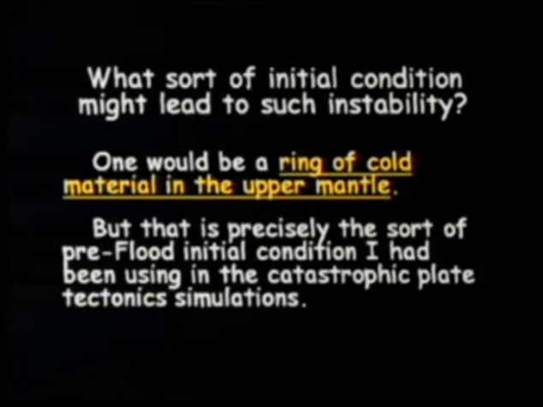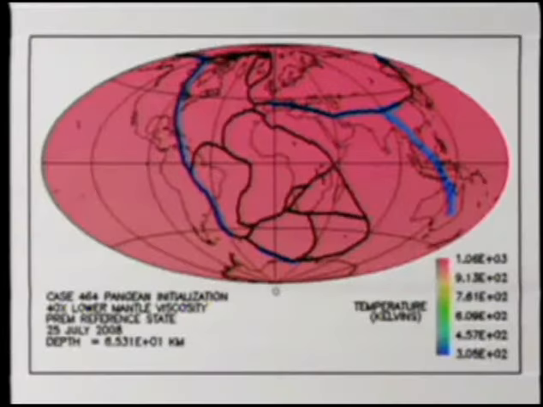What sort of initial condition might lead to this kind of instability? One possibility would be a ring of cold material in the upper mantle, but that is precisely the sort of pre-flood initial condition I've been using in my catastrophic plate tectonic simulations.